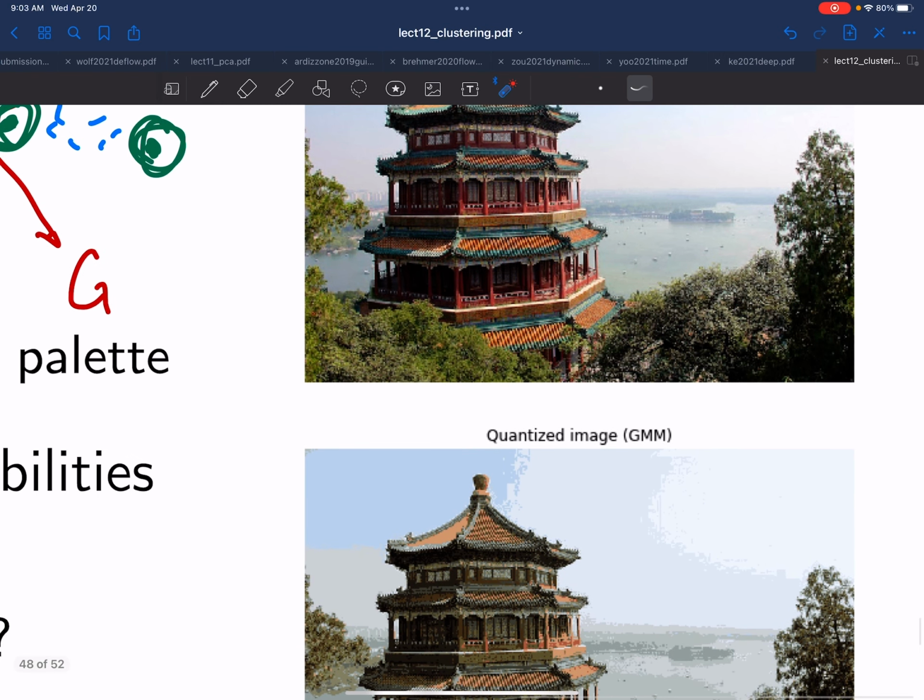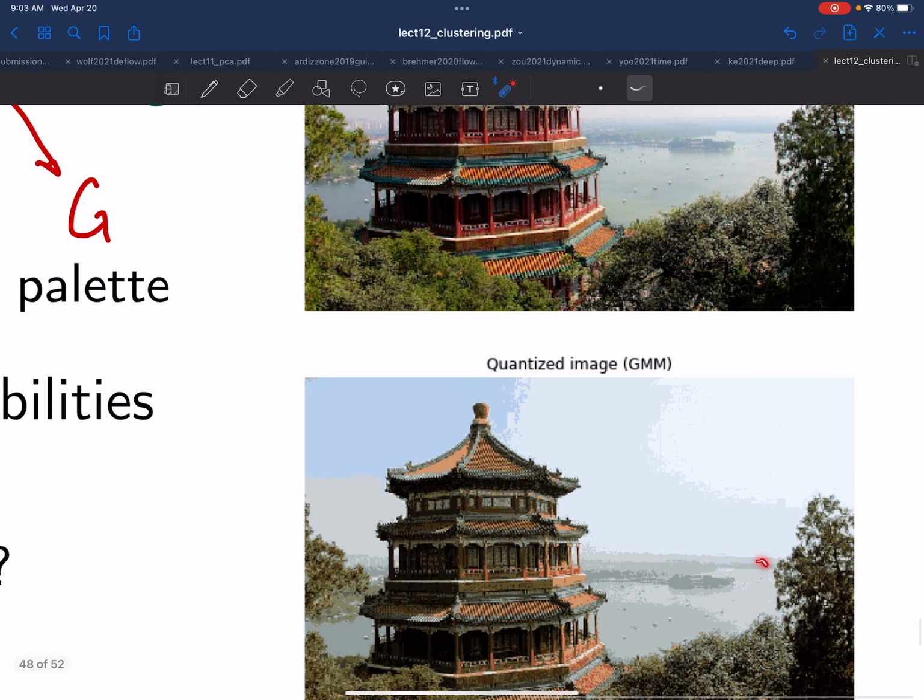Once you quantize, you can see we no longer have all those different colors, right? So we have like, there's this color, there's this color, there's this color. So the sky basically gets like 4 colors total. The lake also, the lake gets just a few colors. But you can still make out the island pretty well.